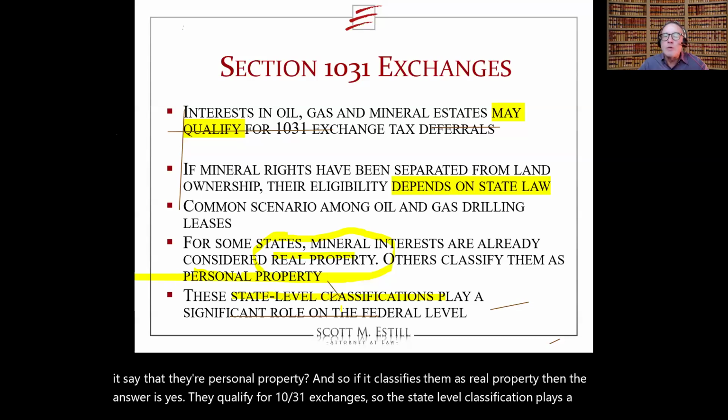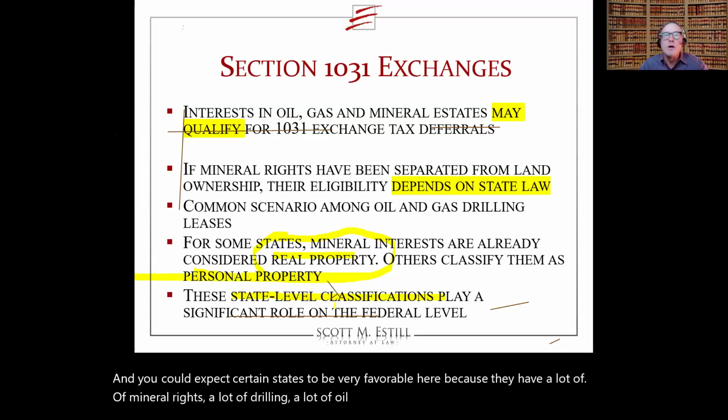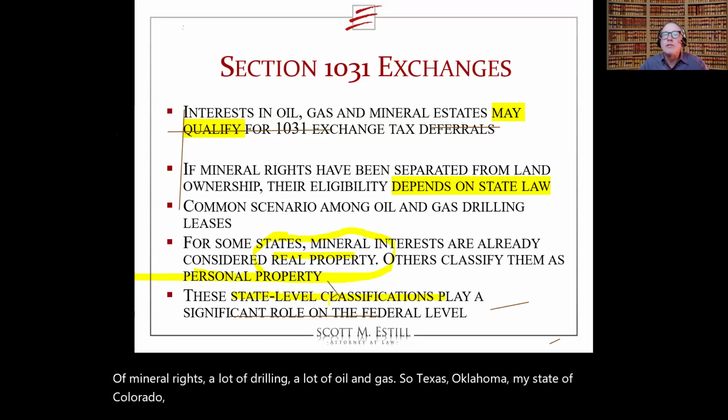And you could expect certain states to be very favorable here because they have a lot of mineral rights, a lot of drilling, a lot of oil and gas. So Texas, Oklahoma, my state of Colorado, Kansas, Wyoming, a whole bunch of the states that you might think would have some of these real benefits are ones that really do.